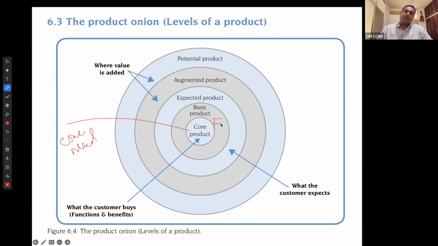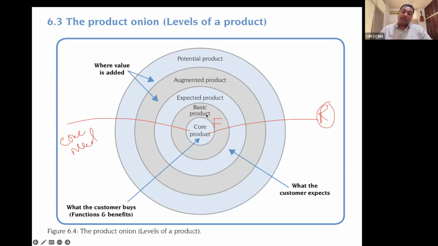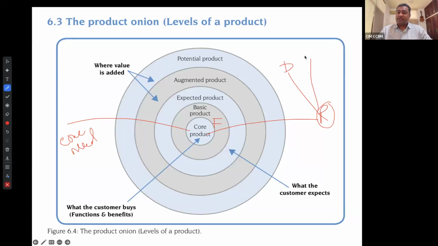For example, you take a core need, rest. Rest is a core need. Then you say, let's create different kinds of rest. Let's have a deluxe room for rest, a superior deluxe room, a junior suite room, a suite, a villa, a presidential suite for rest.